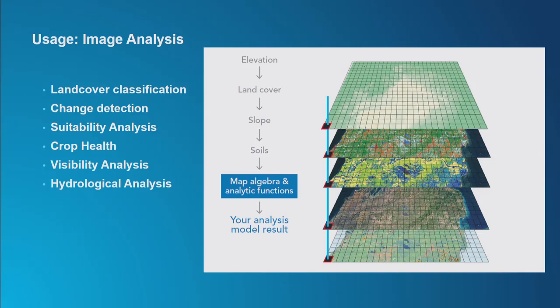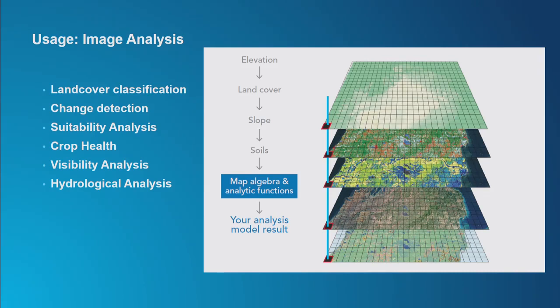Analysis, yeah. And here you see on the slide some other typical image analysis uses, like land cover classification. We can also compare that over time. Suitability analysis: extract different criteria from imagery and find the best suitable location, maybe for, say, species habitat or whatever it is we're trying to resolve.